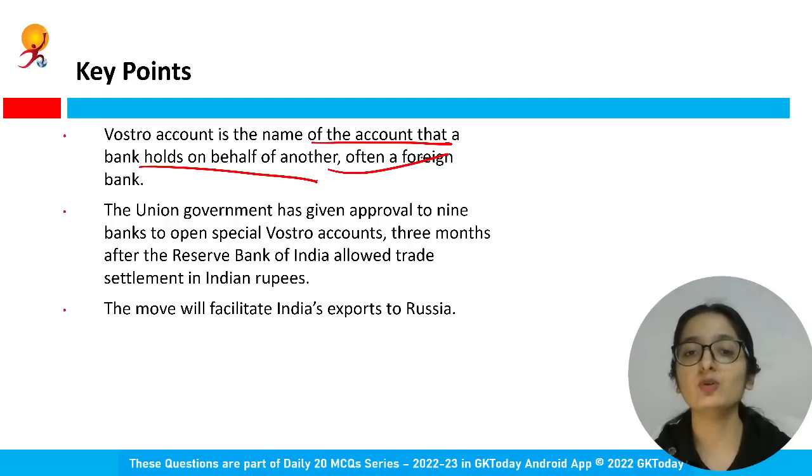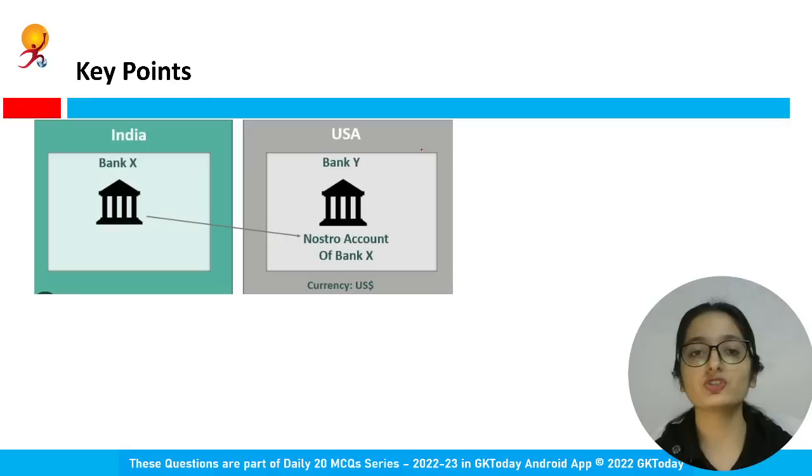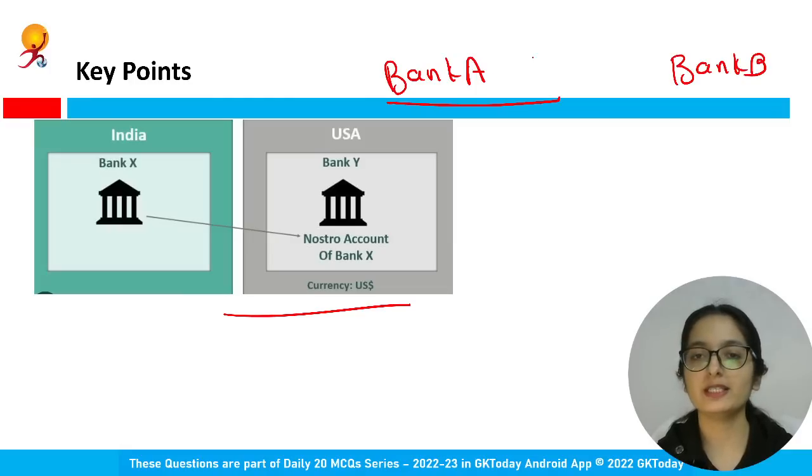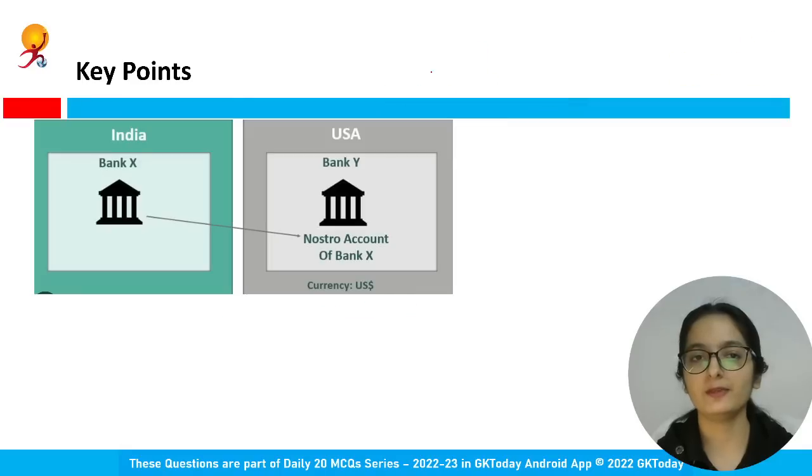Now let us have a look at what this is. Nostro and Vostro. Are you able to see this? If not, let us take an example. There is Bank A and there is Bank B, right? Or let's say Bank X and Bank Y. Let's make things clear again.